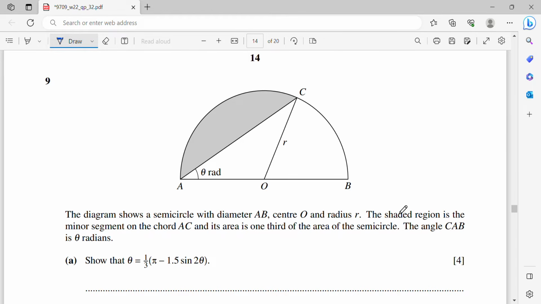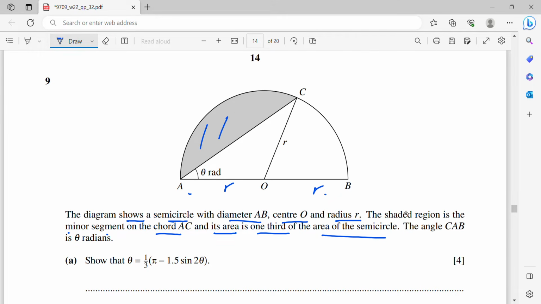Now question 9. The diagram shows a semicircle with diameter AB. This is the diameter. Center O and radius R. So OA is R, OB is also R because this is the diameter. The shaded region is the minor segment on the chord AC, and its area is 1/3 of the area of the semicircle.